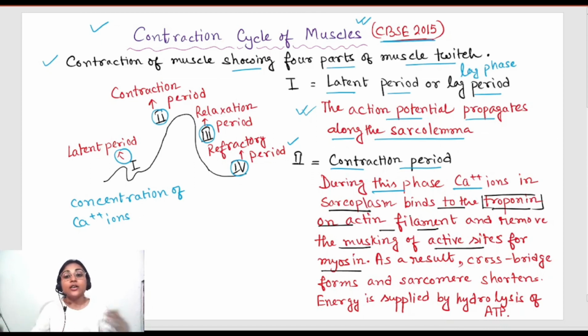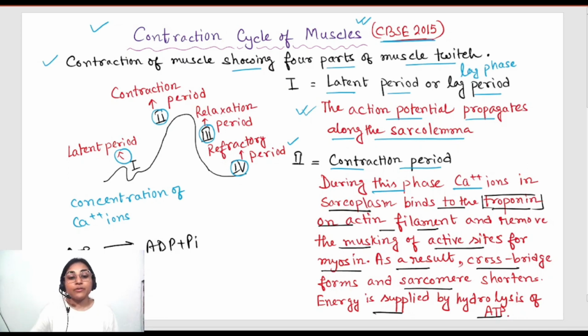So I will repeat again. During this phase, calcium ion in the sarcoplasm binds to the troponin on the actin filament and removes the masking of the active sites for myosin. As a result, the cross bridge forms and the sarcomere shortens. That means the contraction happens. Energy is supplied by hydrolysis of ATP. When ATP is hydrolyzed, it forms ADP and Pi and releases energy.